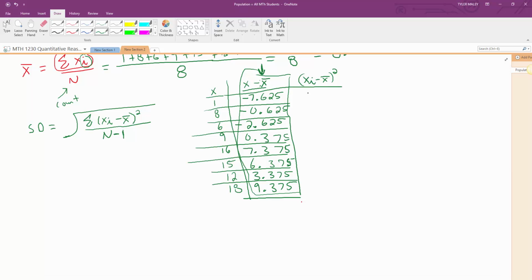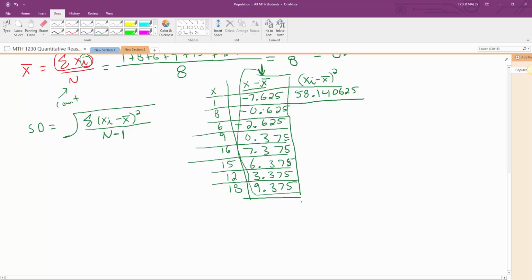So negative 7.625 squared. I get 58.140625. Right, so we square the next one.